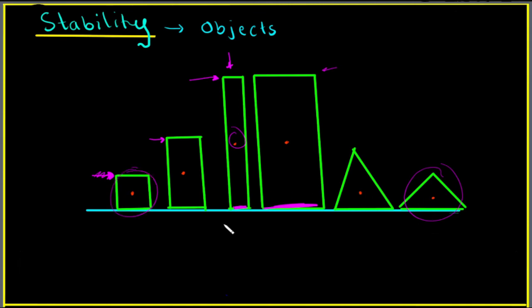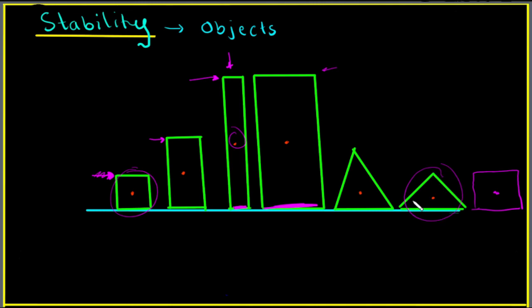And you can, in fact, create another box which is going to have almost the center of mass at the same height and almost the same base area. But the triangle is again going to be more stable than this, because the proportion of the base area to the top of the figure is also something that affects it.